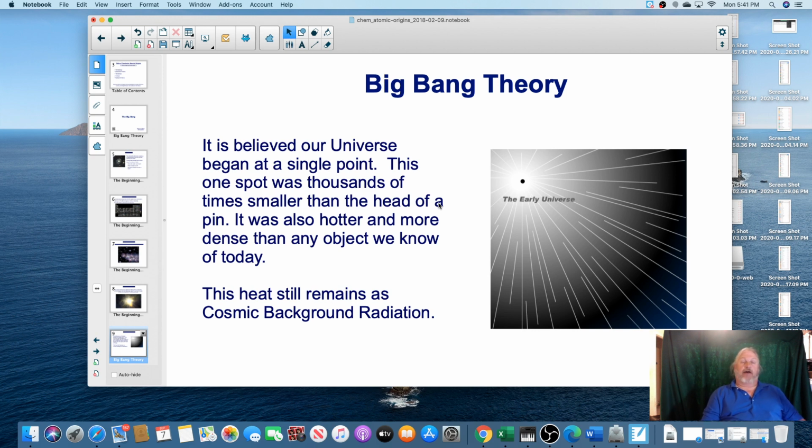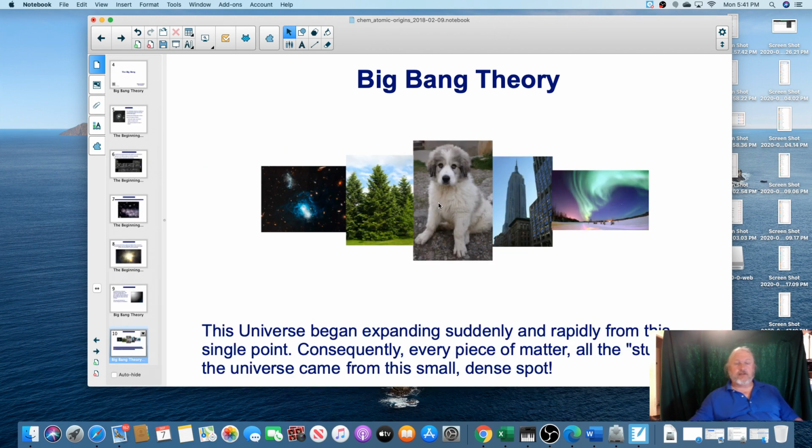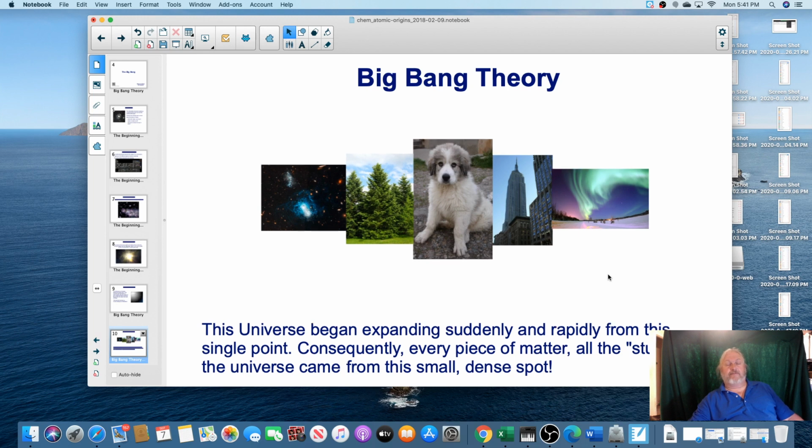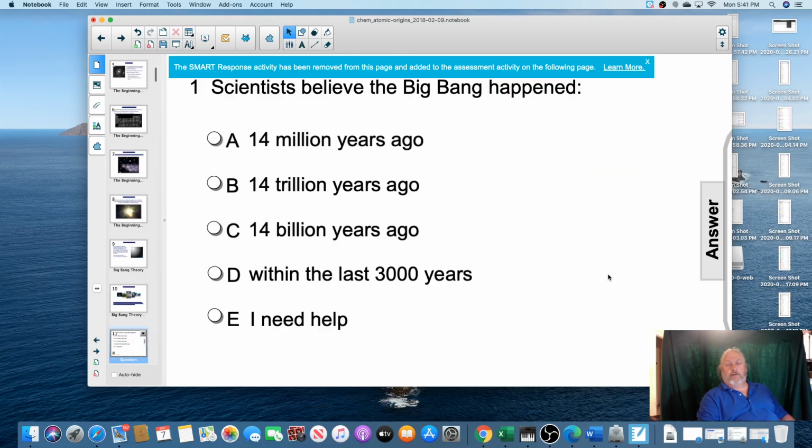It was also hotter and more dense than any object we can even fathom or know of today. This heat, we can still measure with astronomy, and we call it the cosmic background radiation. So, the universe began expanding suddenly and rapidly from this single point. Every piece of matter, all the stuff in the universe, came from this small, dense point.